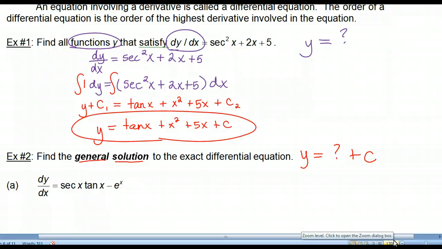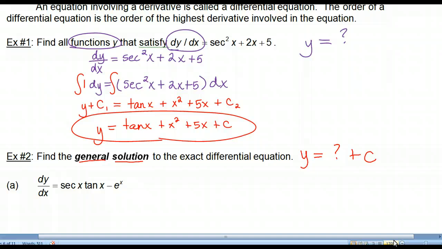After we do these examples, we're going to have a particular solution, where we actually have to figure out what that c is equal to. This is a general solution, so it's not exact because we don't have enough information to find out what c is equal to. Later on we will.